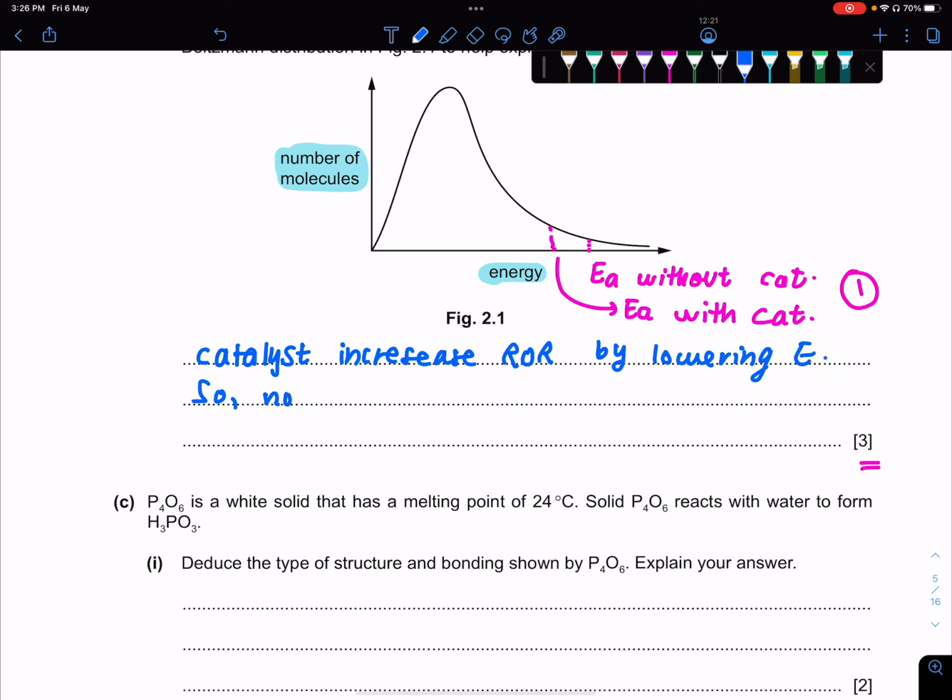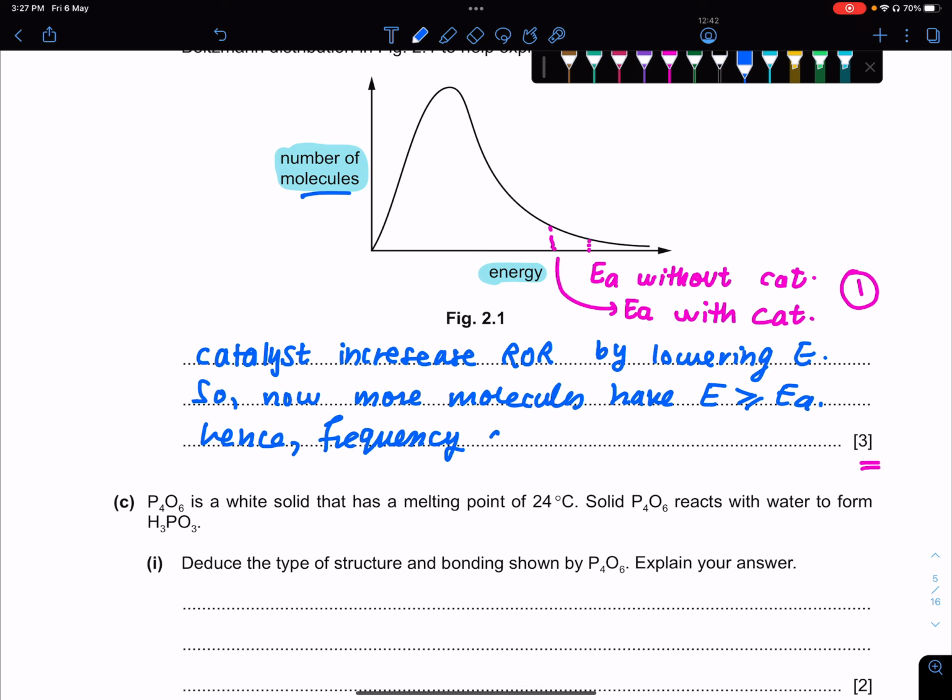So now more molecules have energy greater than or equal to the activation energy. Hence frequency of successful collisions increases because energy increases.